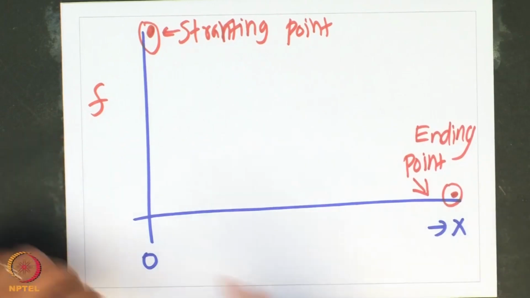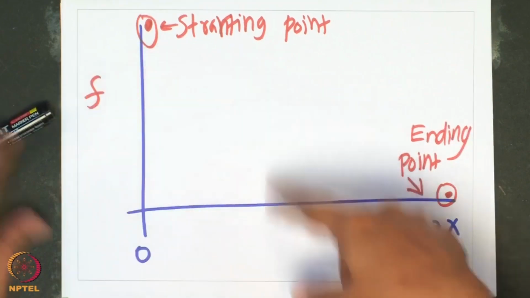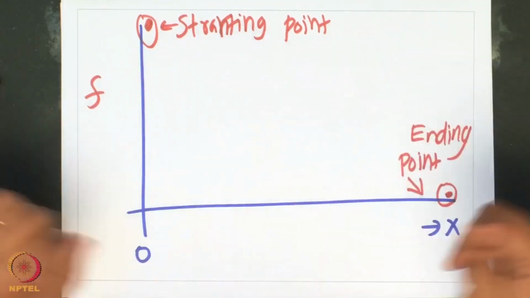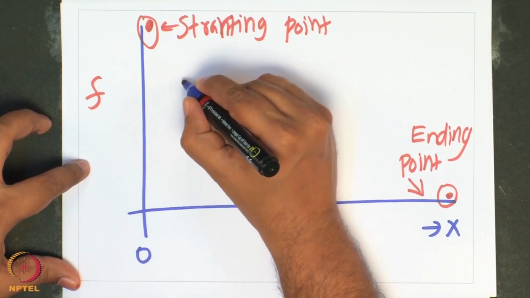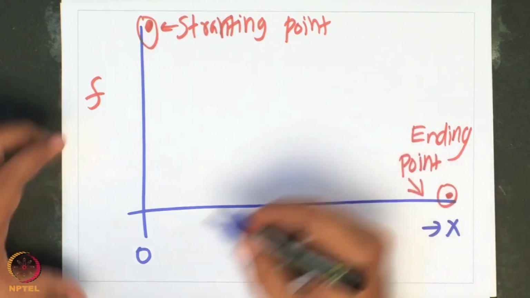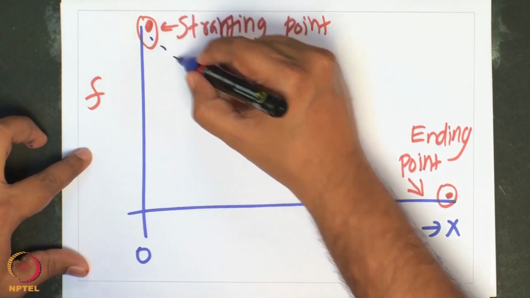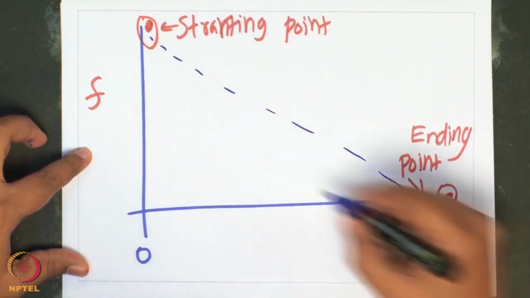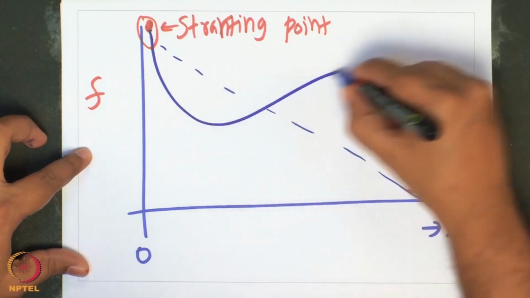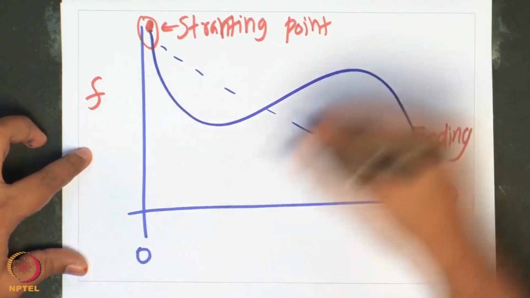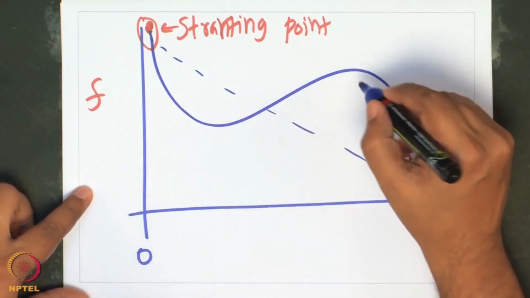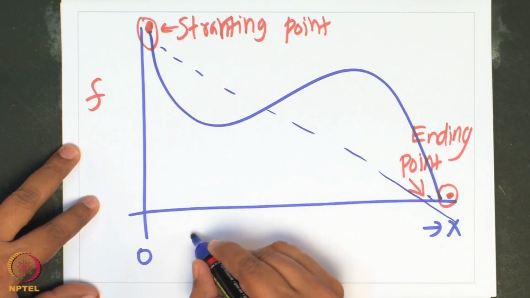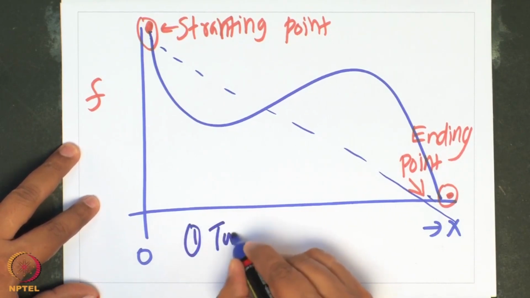Then what we want to know after that is, does the curve turn at all? Is it a straight line, or are there some turns? So, the second thing we would want to calculate, after the starting and ending points, is whether there are any turns. One possibility is just a straight line. If it is not a straight line, it could have some curves like this. Does this curve have turns or not?